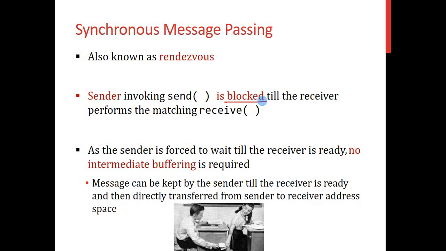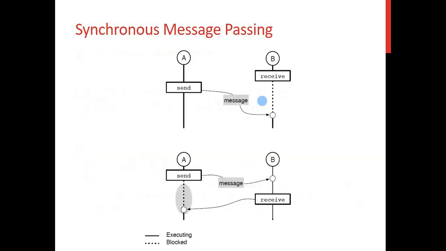So you don't have any buffering issue, because when the sender sends, the receiver must receive before the sender can carry on again. In this example, the sender sends first, but nobody receives, so I am blocked here until the receiver calls a receive function and the message is cleared.